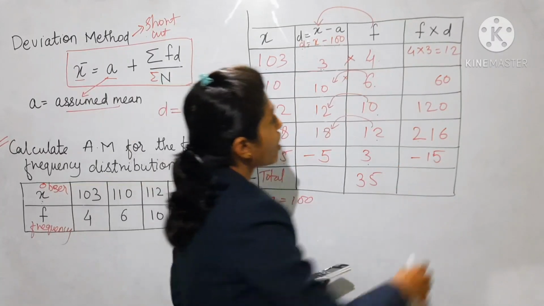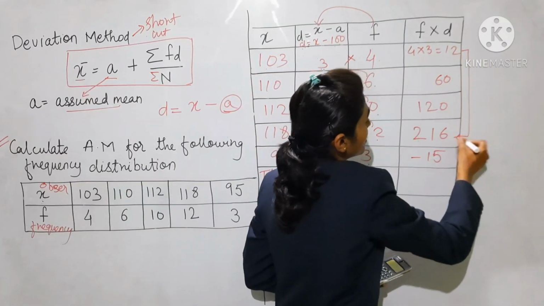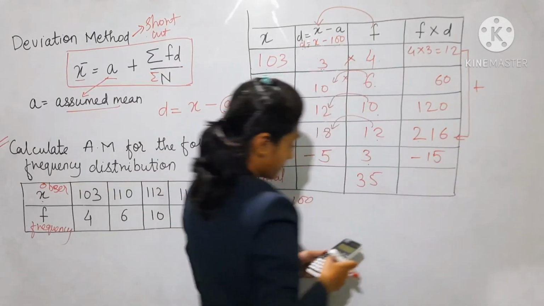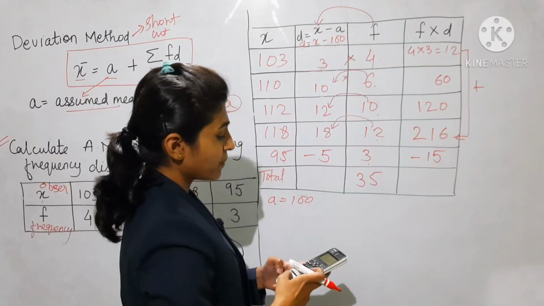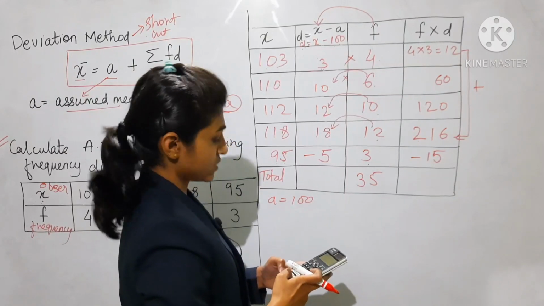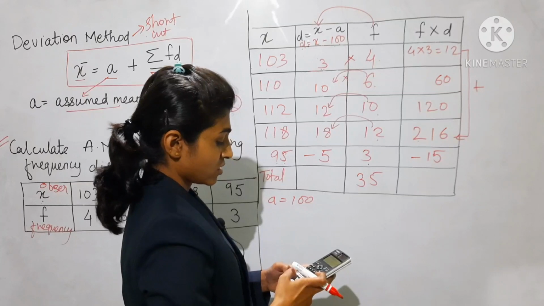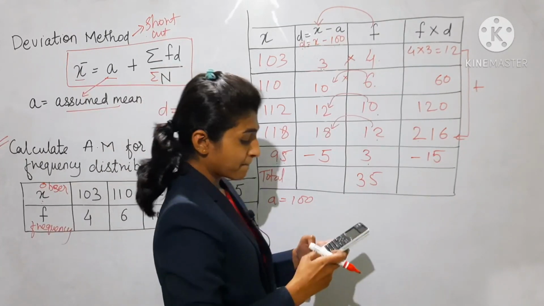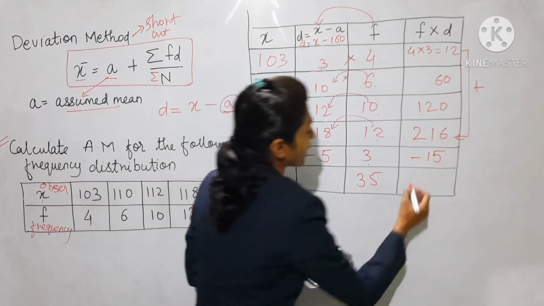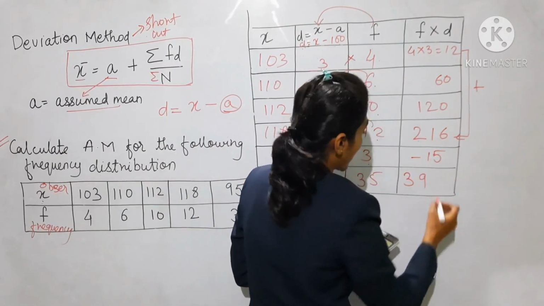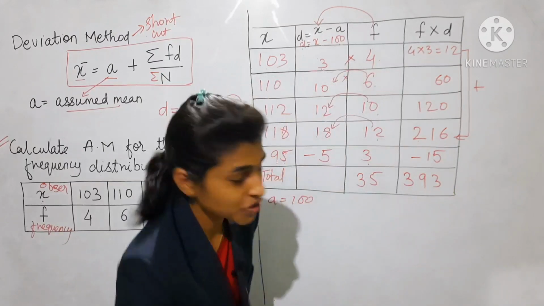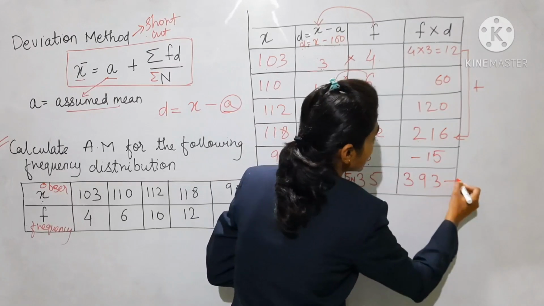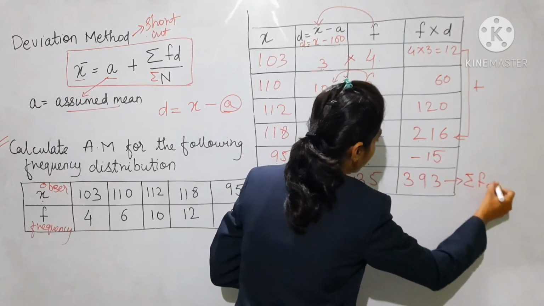So add all the positive numbers first and then subtract the negative number. So 12 plus 60 plus 120 plus 216, we get 408, minus 15. So we get the answer 393. Okay, this is the summation of F, which is N, and this is the summation of FD.